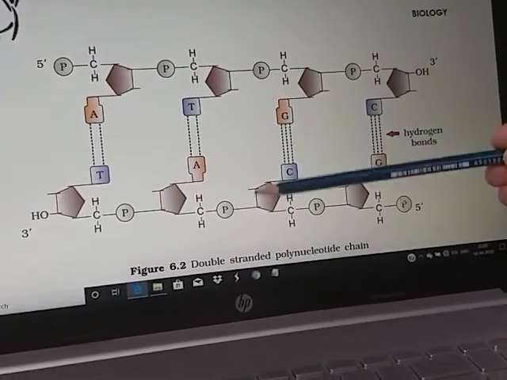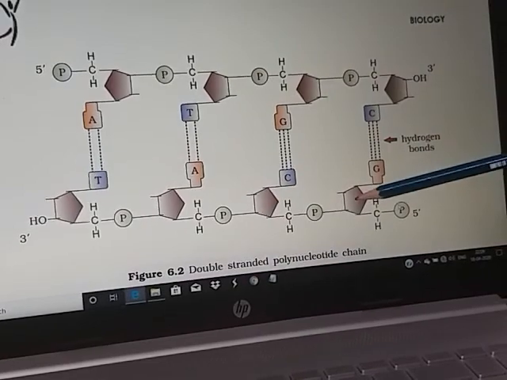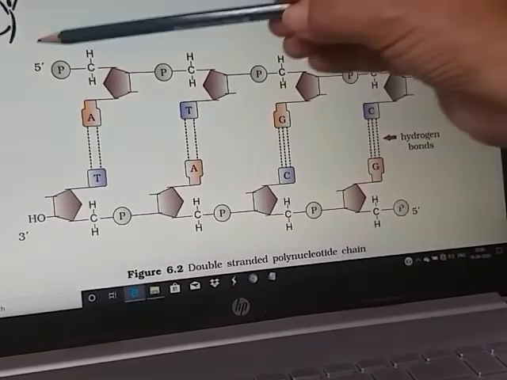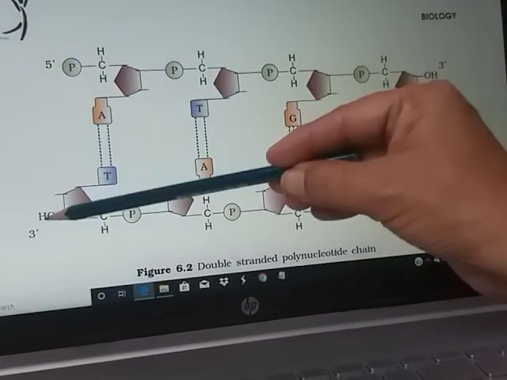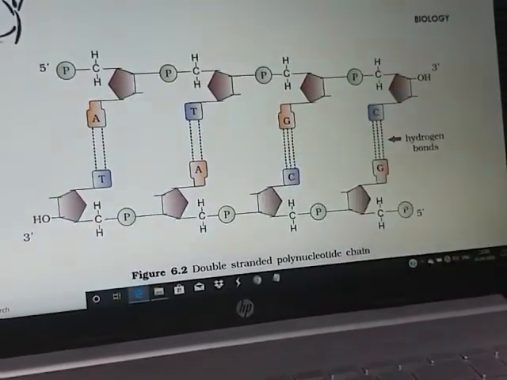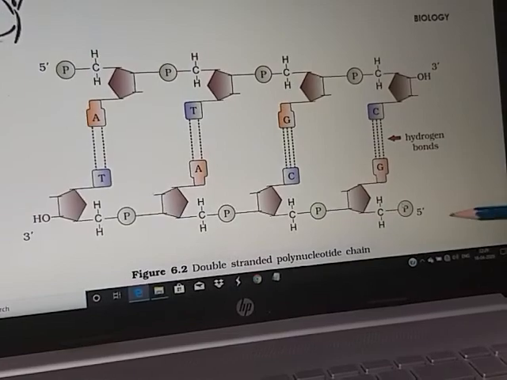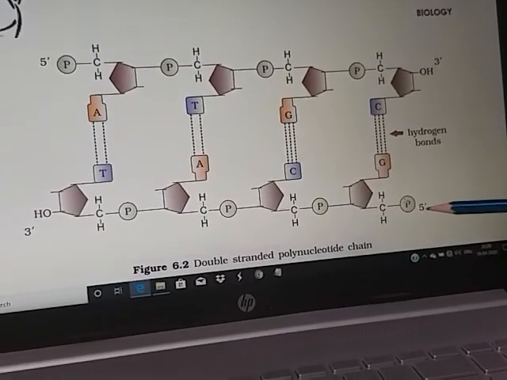And these are the two polynucleotide chains, and also showing anti-parallel nature, 5' end of this facing 3' end of the other, 3' end of this facing 5' end of the other chain.